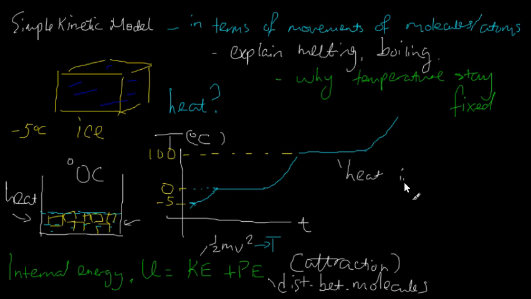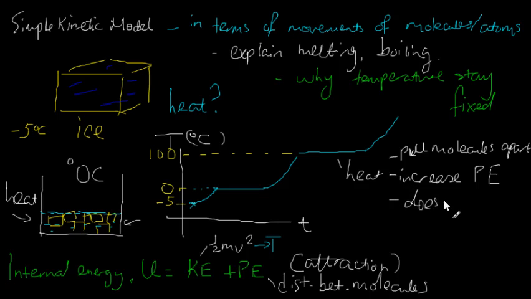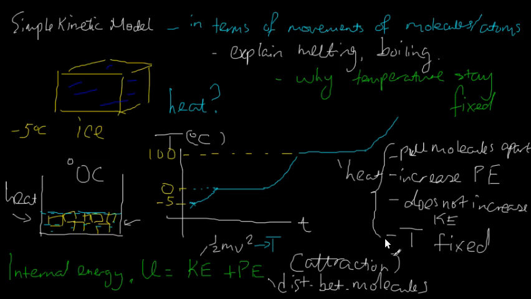The heat is needed to pull the molecules apart, so this increases the potential energy. It does not increase the kinetic energy. Therefore, temperature stays fixed. So this essentially is the explanation for why temperature doesn't change during boiling and melting.